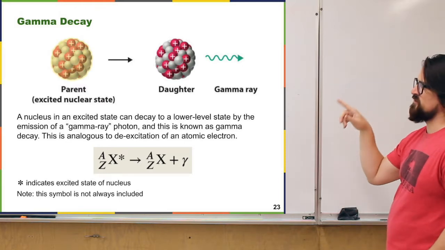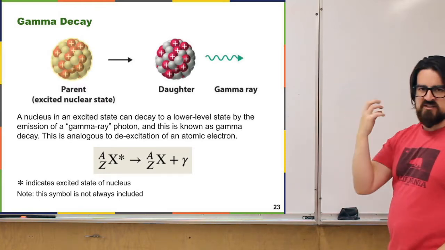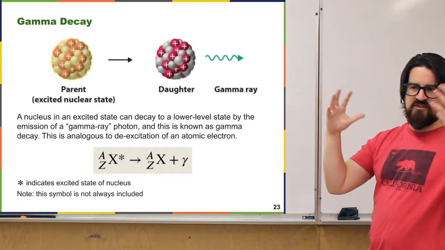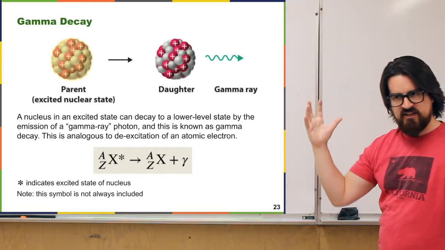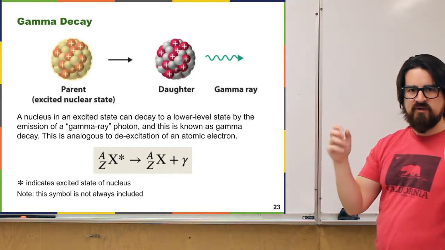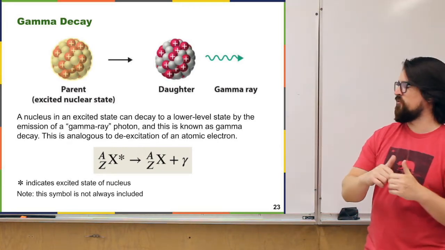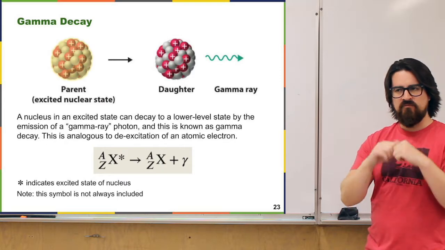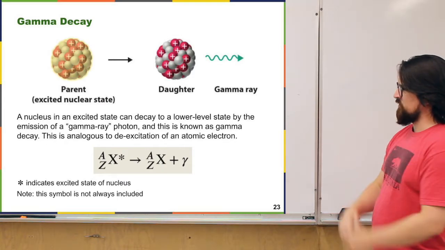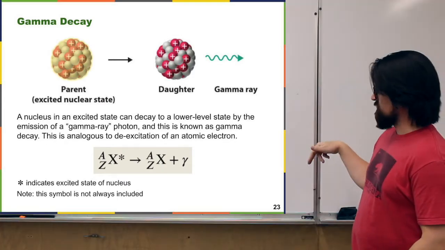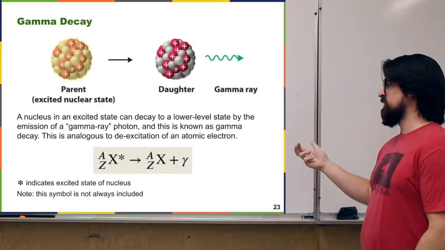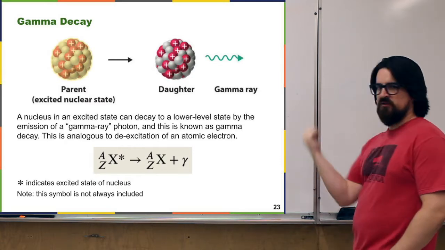Here, a very similar thing happens. Somehow this nucleus gets excited, so it's in this higher energetic state, and spontaneously that state will want to drop back down to this ground state. But to do that, you have to emit energy, and you emit it in the form of photons, very high energy photons, gamma rays. And we can write this symbolically, just writing the element goes to the same element plus a gamma ray.